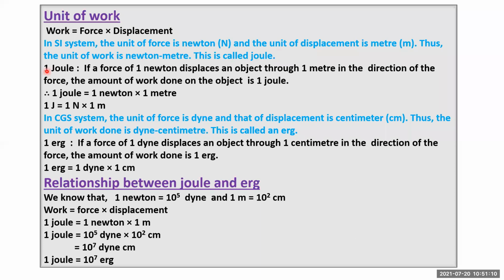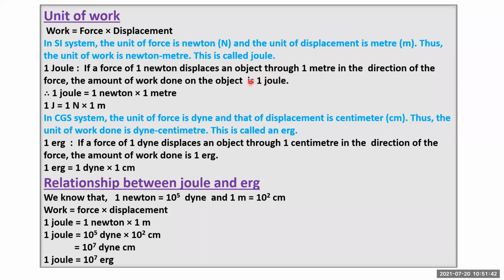So how can we define 1 joule? If a force of 1 Newton displaces an object through 1 meter in the direction of force, then we can say the work done on the object is 1 joule.